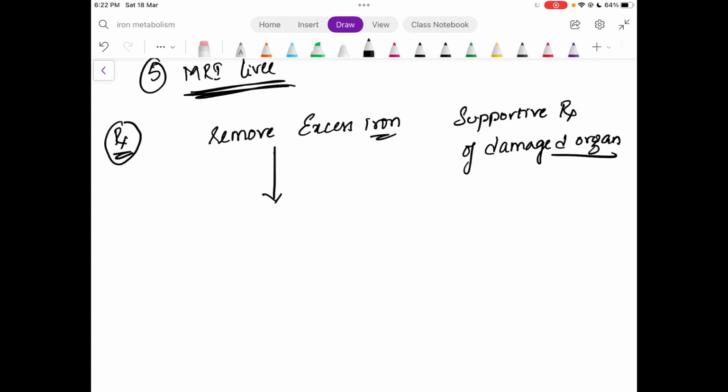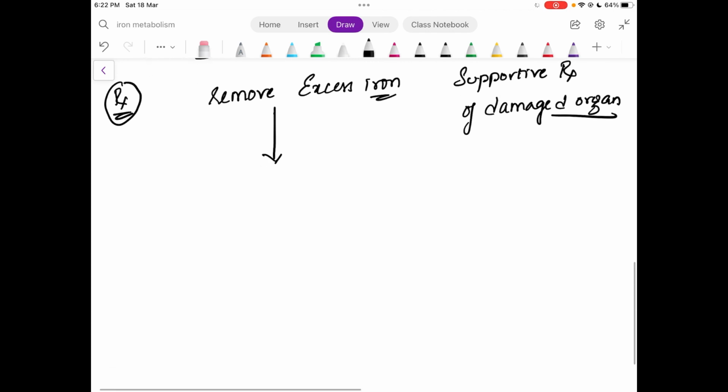For removal of excess iron, what do you have to do? You have to do weekly or twice weekly phlebotomy, based upon the severity.